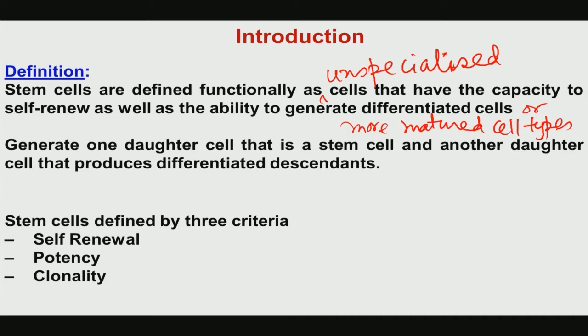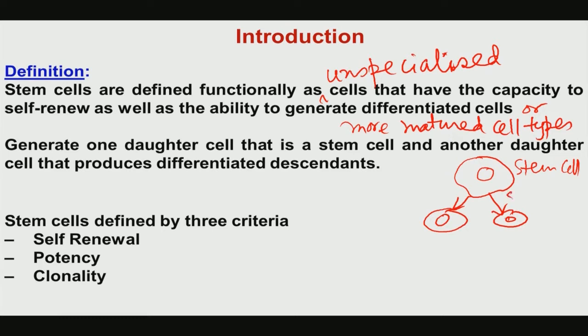So, it can do two things. One I will show you in some of the subsequent slides. If you have one stem cell, then it can produce two stem cells while maintaining the stemness.